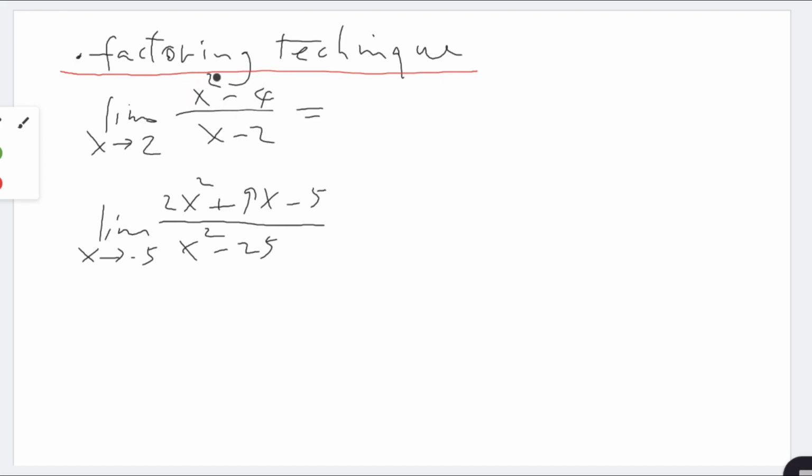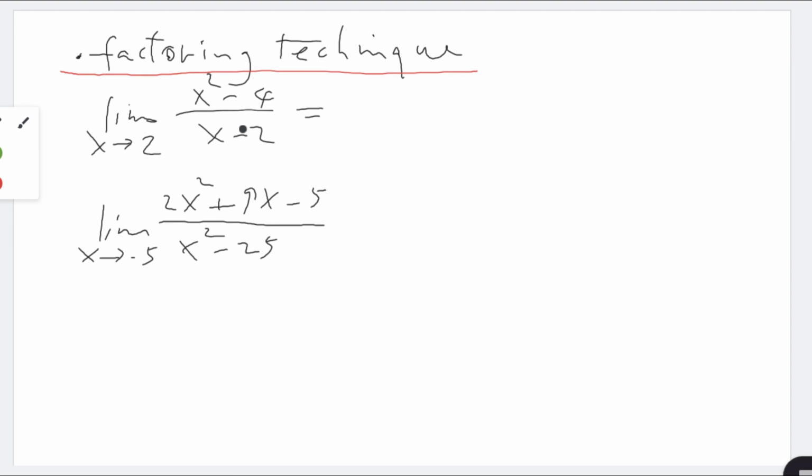Again, it's good to keep this in mind. So we have a target. We have this bad guy to go after. So how does this factoring method work? Well, x goes to 2, we cannot plug in. x minus 2 becomes 0, and as a matter of fact, x minus 2 is a trouble factor.